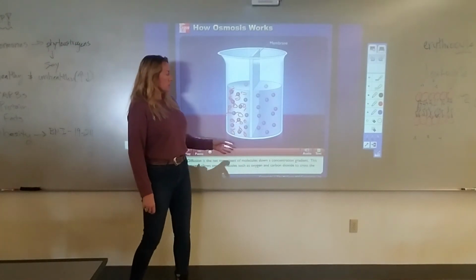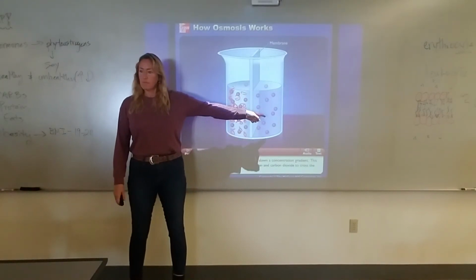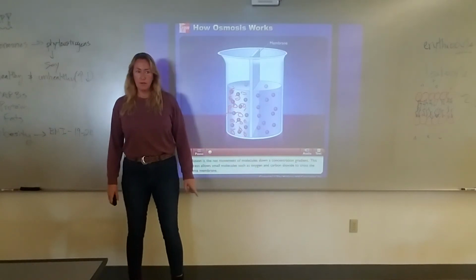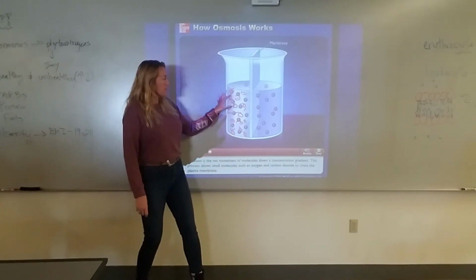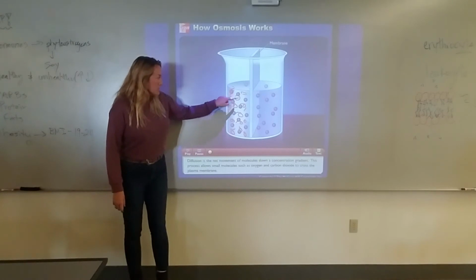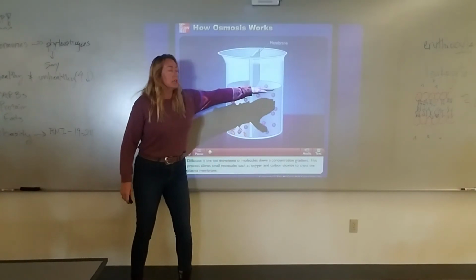So in this situation, we've got more or less water on the right side. More water because in this side there's more solids, there's more stuff. Proportionally, there's less water molecules because there's more solids in the same unit of volume.